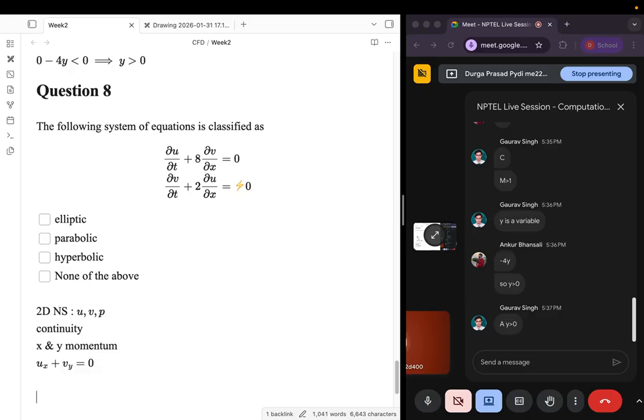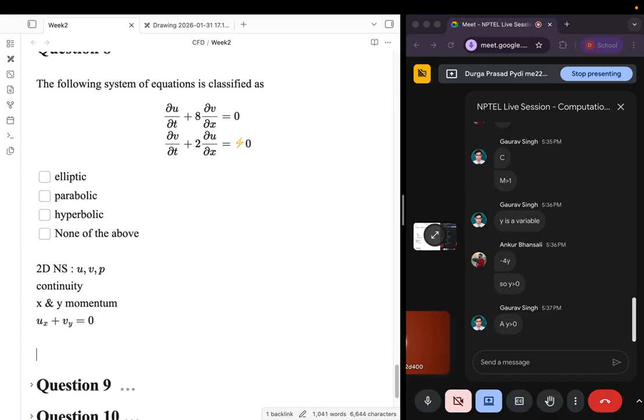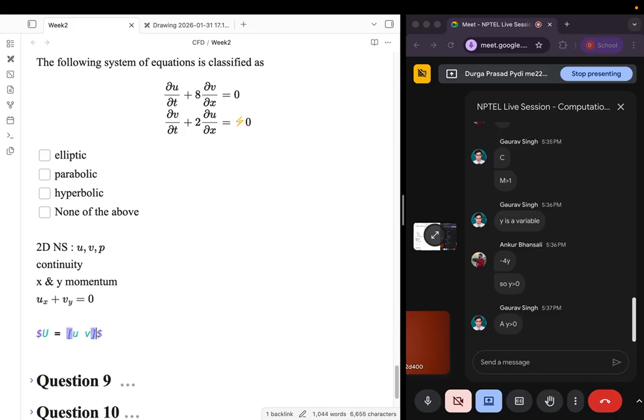So how do I decide when I have something like this? You define a new variable capital U, which is a vector, or you can put it as a matrix, whichever way is convenient.